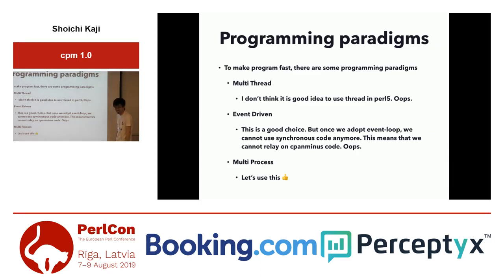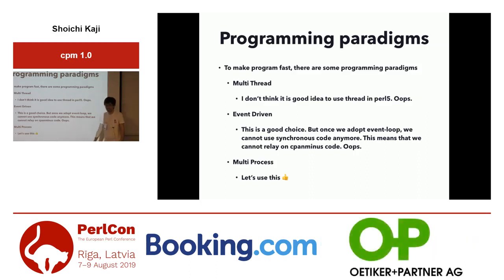Can you tell why? It is a long story. So let's forget about multi-thread in Perl 5. So the next choice is event-driven. I think this is a good choice.